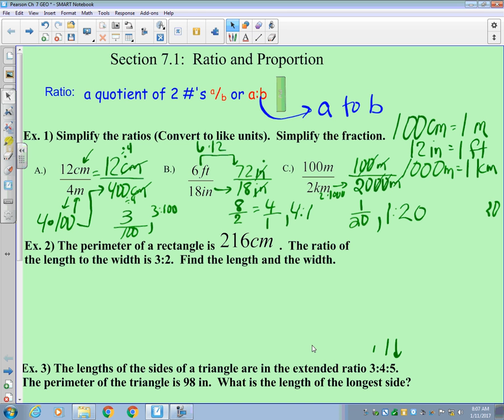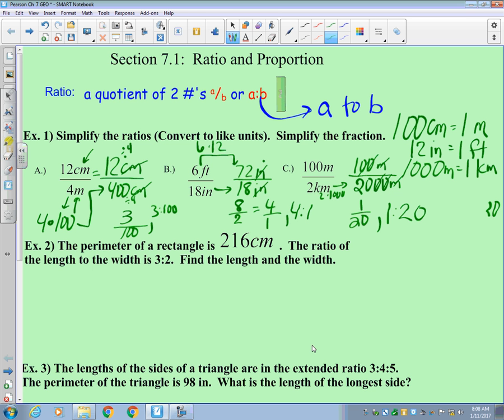When using a ratio with a perimeter problem, you can also do this with a supplementary angle problem. The process is pretty easy. If we look at this problem, the perimeter of the rectangle is 216 centimeters.